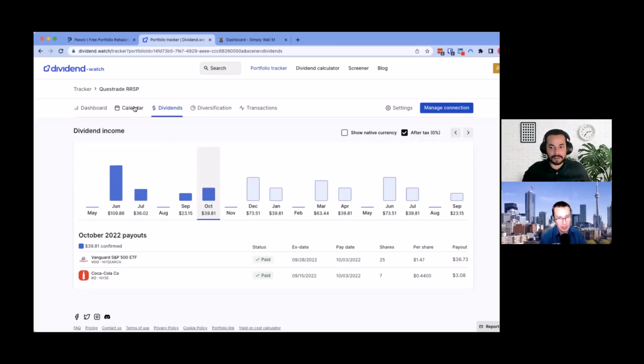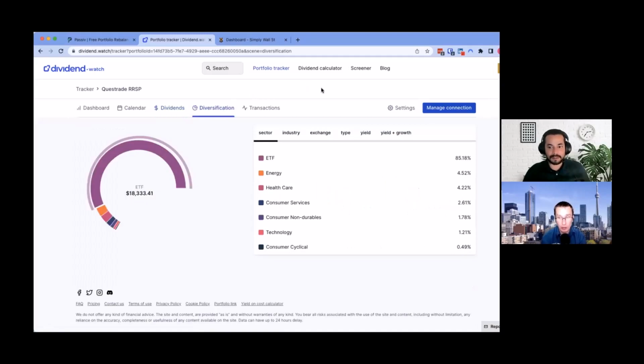And correct me if I'm wrong here, but I believe if there is some anticipated dividend growth that's going to take place in terms of a larger dividend payout, because let's say the company's doing really well, or market conditions change, this will actually try to predict, to the best of its abilities, how much dividends you're going to receive, factoring in a bunch of different variables.